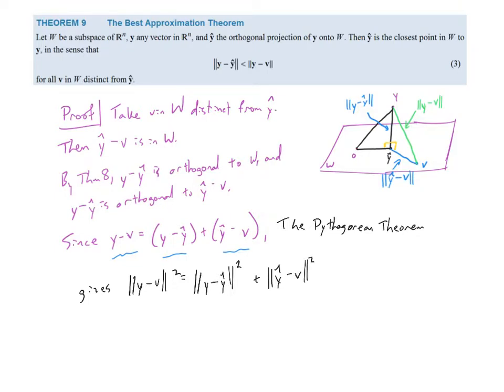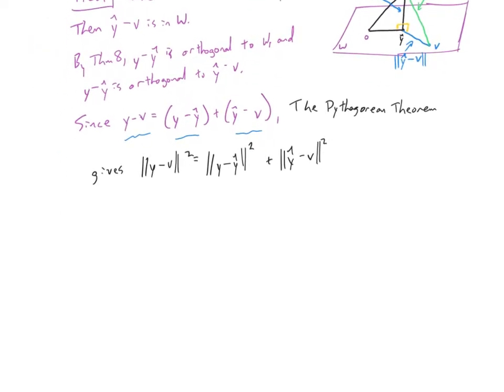Okay, so there is my Pythagorean theorem line of this proof. So we're using it to establish a relationship about the lengths. Okay, and then we're going to say now, y hat minus v, that length squared, must be positive.